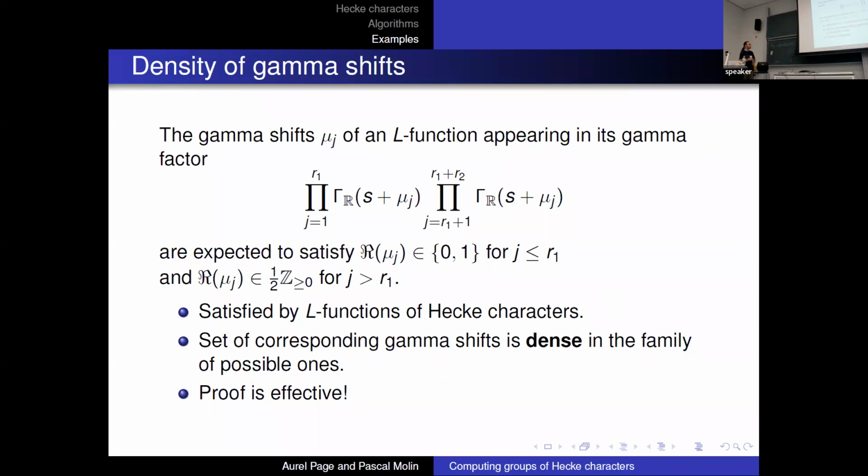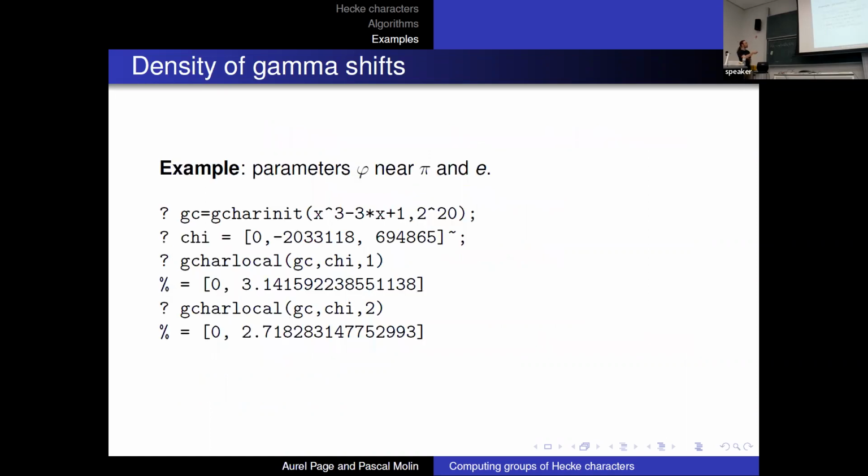But what's interesting is that the gamma shifts that you get from Hecke characters are dense in the family of all the ones that are conjectured to be all the possible ones. And the proof is even effective. So for instance, you can construct, okay, I'll skip this, but you can construct a character that has gamma shifts approximating arbitrary values like pi and e, whatever.